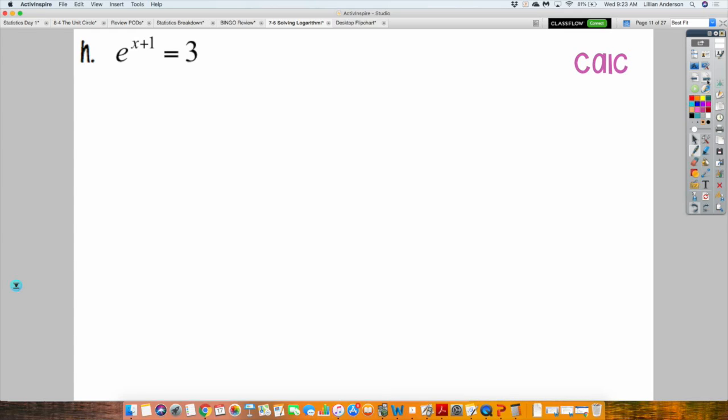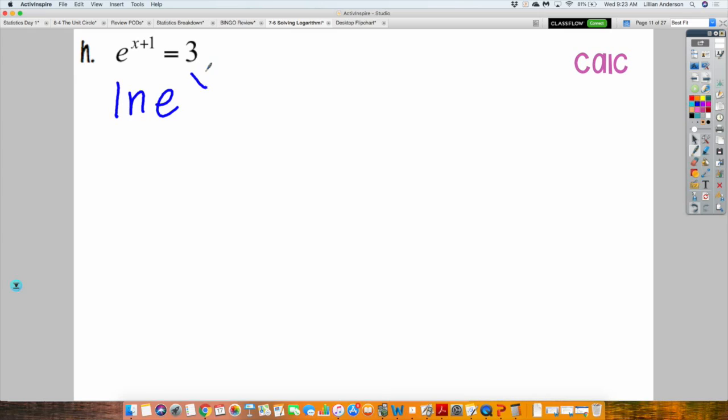All right, let's look at this one. Step 1, isolate the exponential, which is already isolated. Step 2, I need to take the ln of both sides. Here I have to do the ln because it's an e.